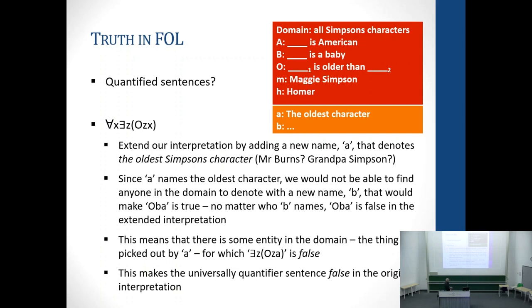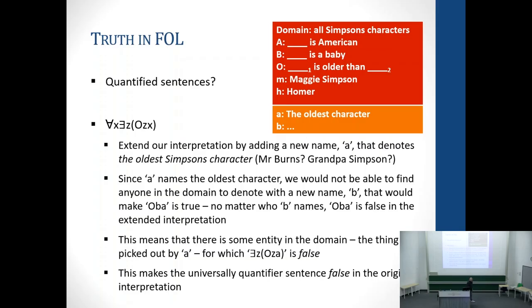And importantly, if we have A be mapped to whoever is the oldest in this domain, we then will not be able to find a name B that maps to anything in the domain where B is older than A. Or put in very strict terms, there will be no ordered pairs where A is in the second spot in the extension of O. You'll never get an ordered pair like that. That doesn't happen.